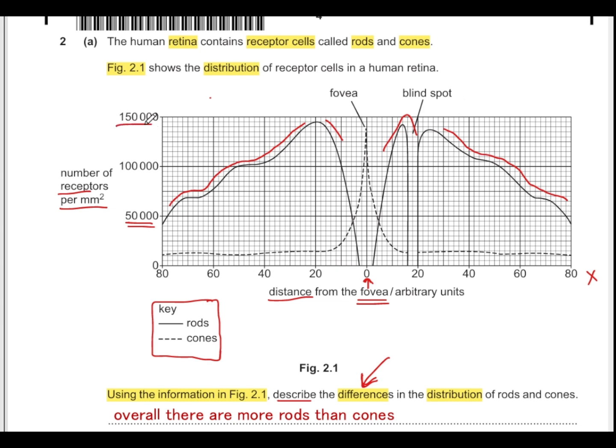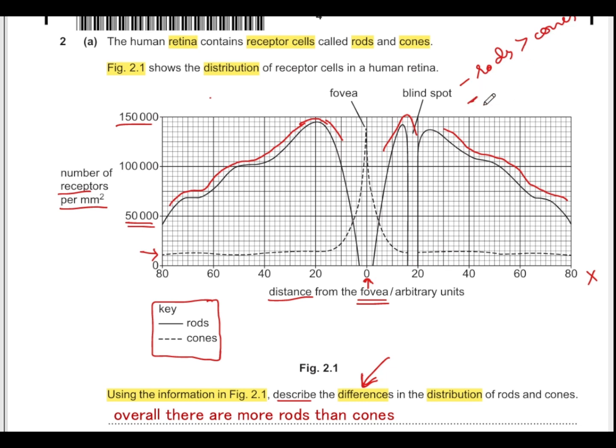But the dotted line is close to 0. So the first point we can say is that the number of rods is much greater than the number of cones. That's the first point. Now let's focus on rods and write everything that we can about rods first.